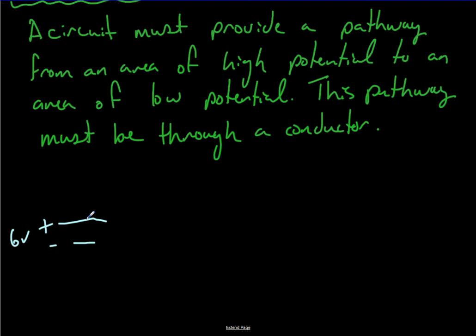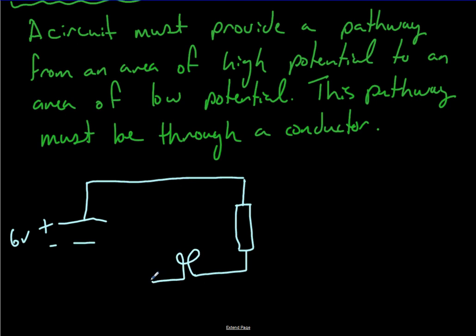And we covered what potential means, like how we measure it, in a previous class. And so we might have in this circuit a resistor. We'll talk about what a resistor is here soon. We might have a bulb, and we might have a switch. Okay.